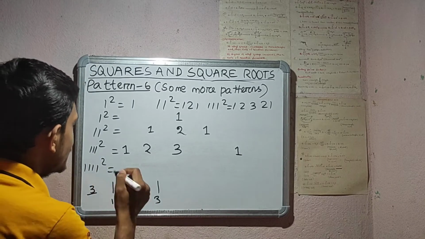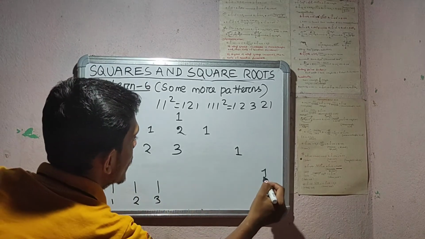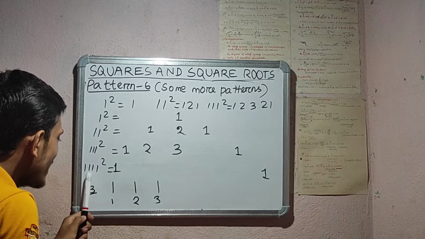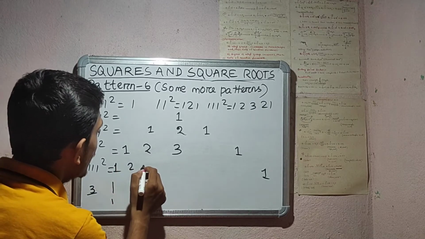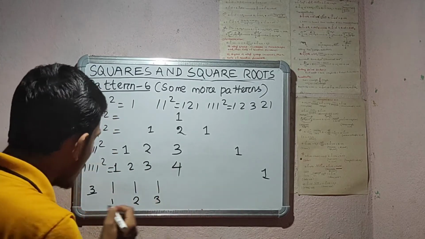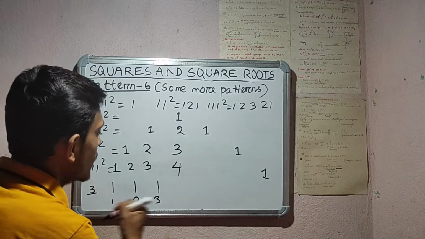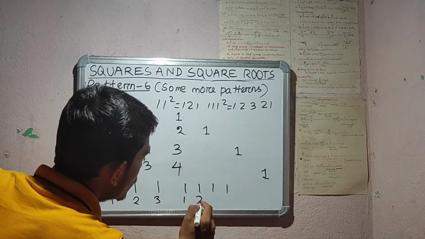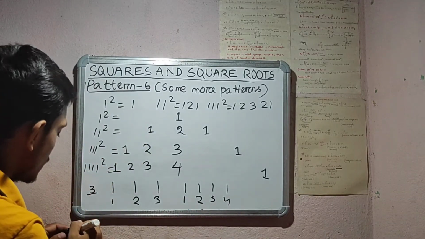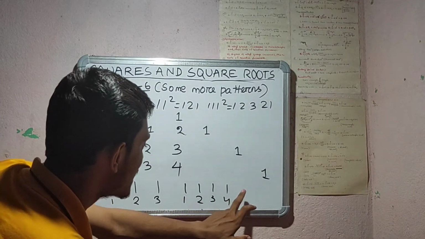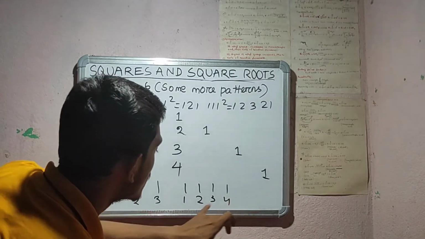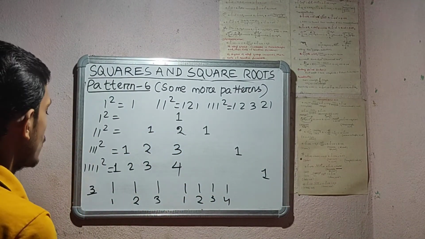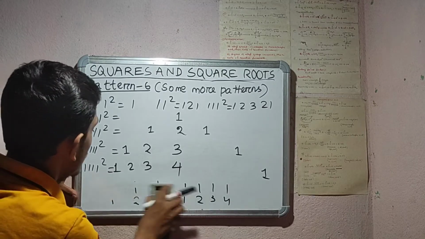Here the number of 1s is 4, so I can write 1, 2, 3 and 4, because the number is 1, 1, 1 and 1. When the number of 1s increases, then 1, 2, 3, 4, and so on, it increases. In this way we can increase the number.